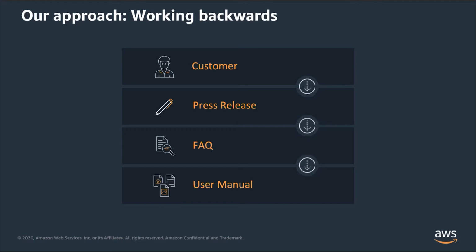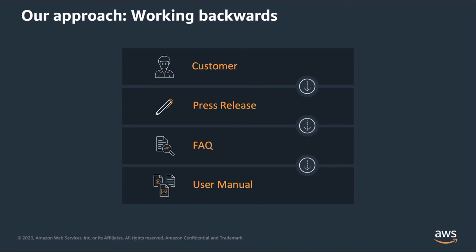And so our working backwards process does exactly that. It starts with the customer, and identifies who is the customer, what is the customer problem, what's the customer benefit if we build this service.